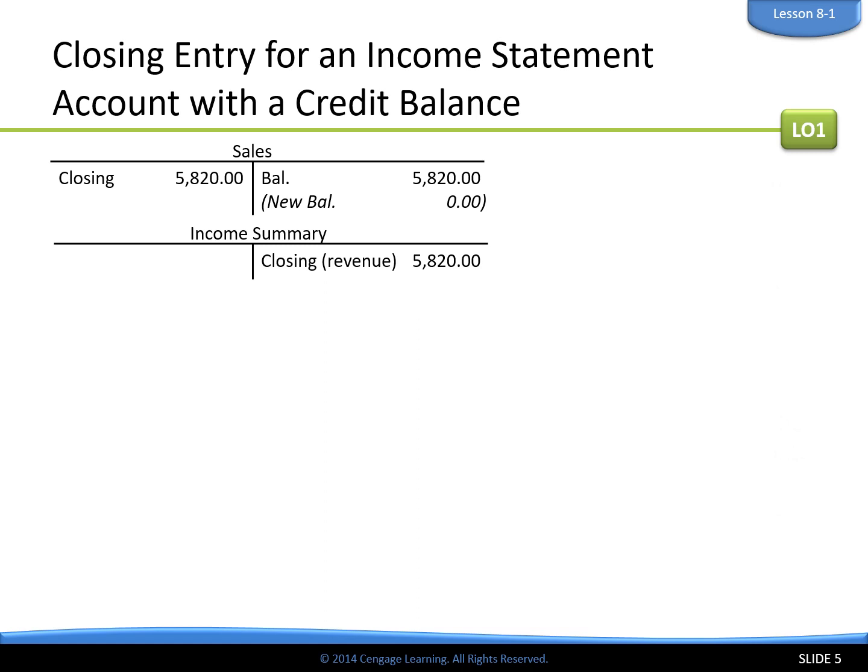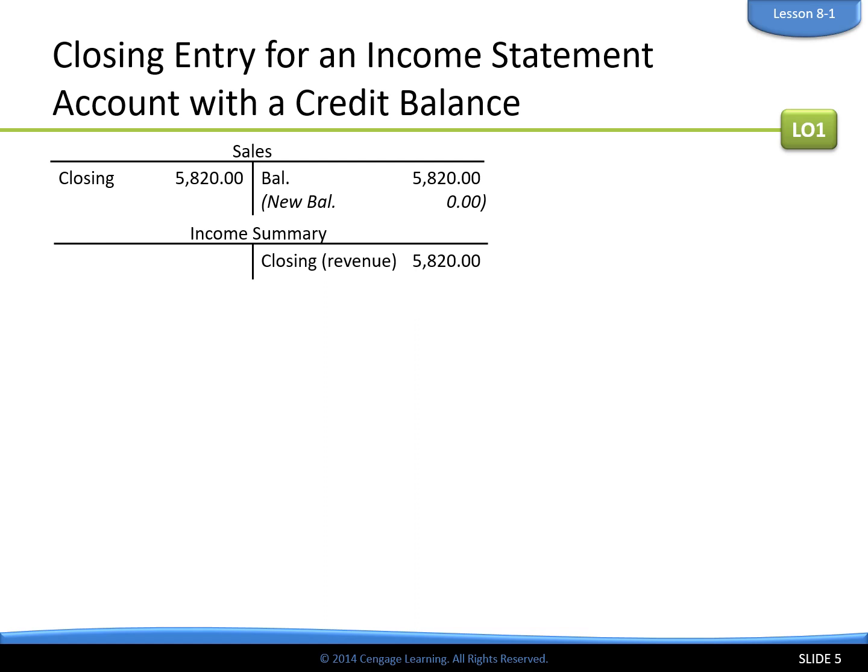Let's look at a closing entry for an income statement account with a credit balance. We have our sales account. The balance in sales is $5,820, and that is a credit balance. In order to close that account, we need to create a debit entry.